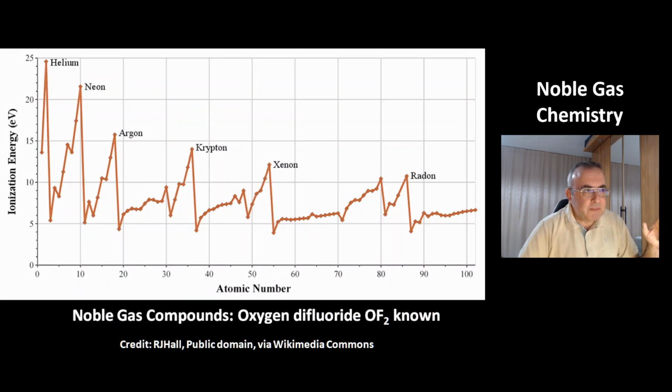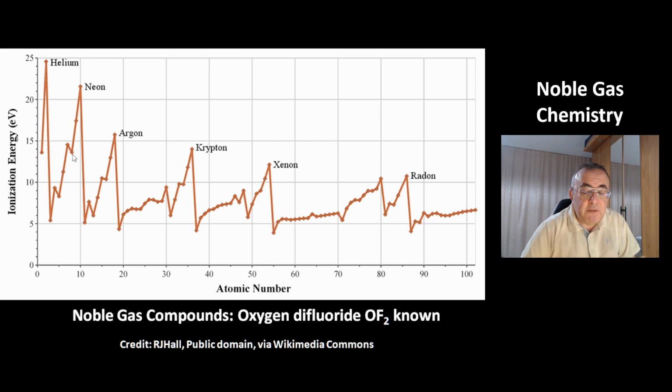This is a nice example of how you can develop a concept in chemistry. If you want to make noble gas compounds, there is a known compound, oxygen difluoride, OF2. And oxygen is, in this diagram of the ionization energies, 2 positions to the left of neon.